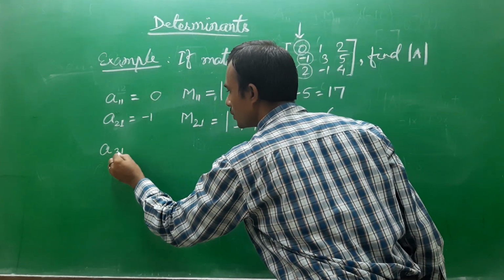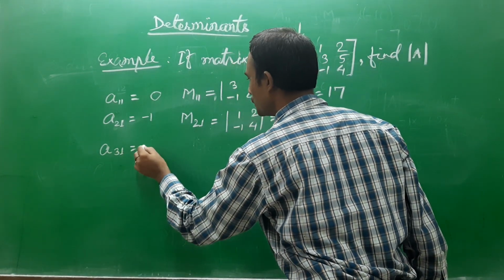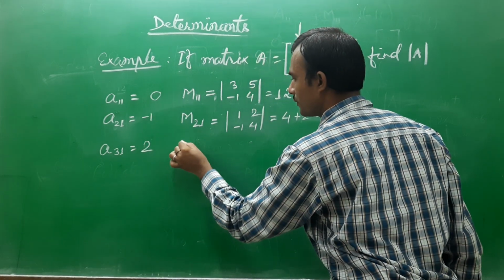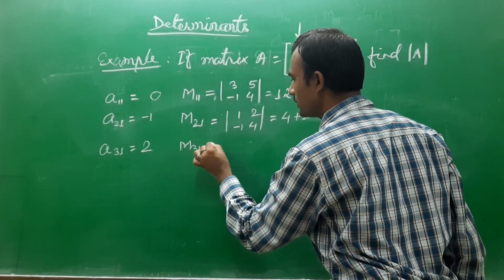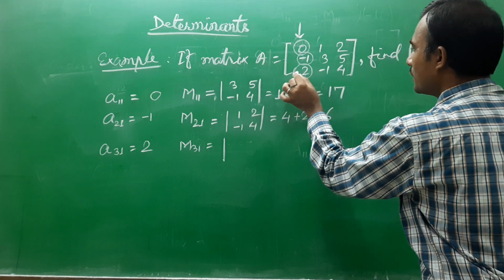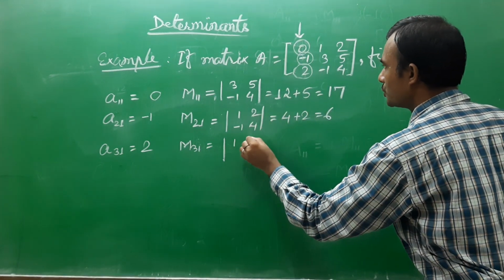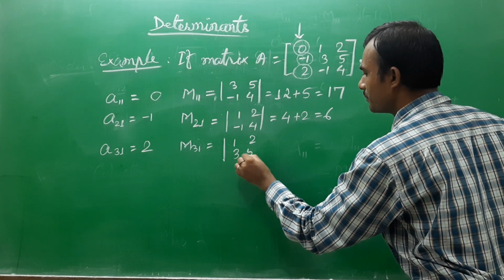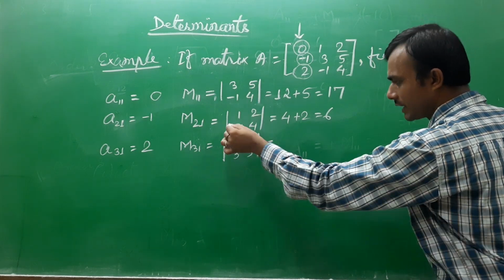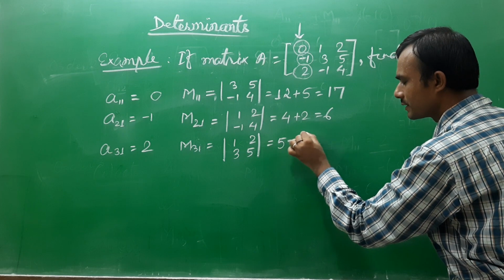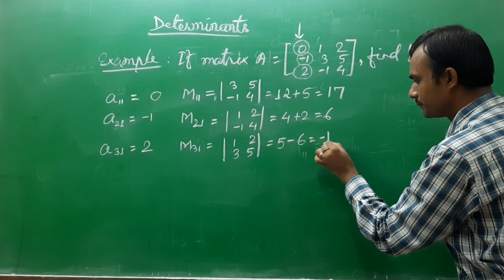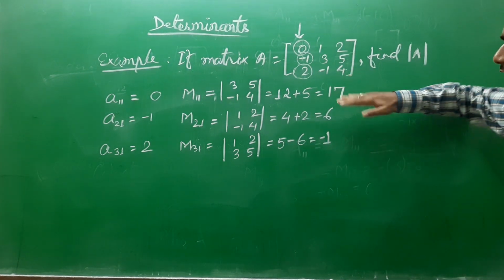Now find the minor M31. After deleting the third row and first column, we have 1, 2, 3, 5. Then cross multiply: 5 minus 6 is minus 1.